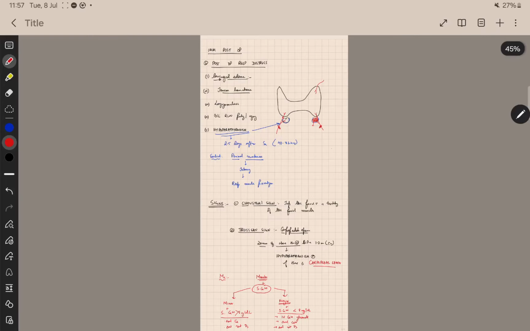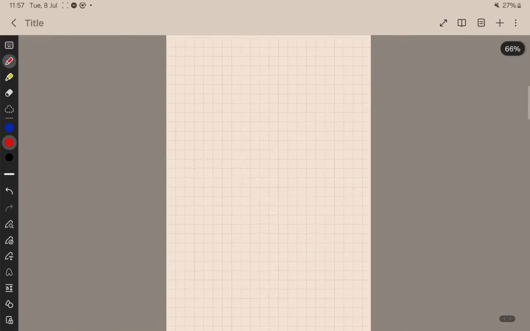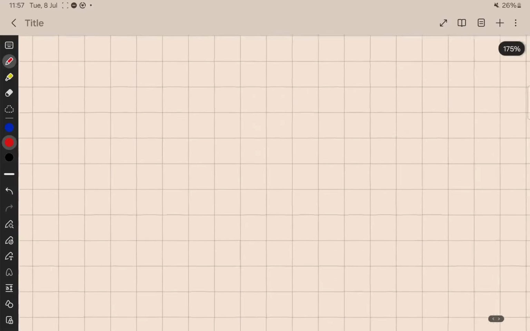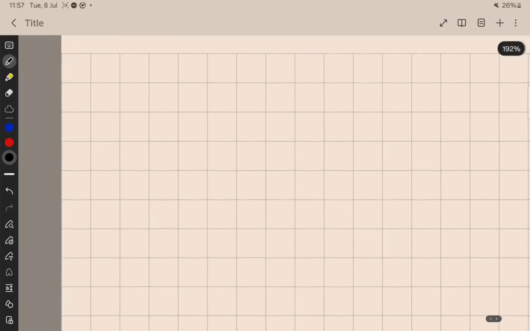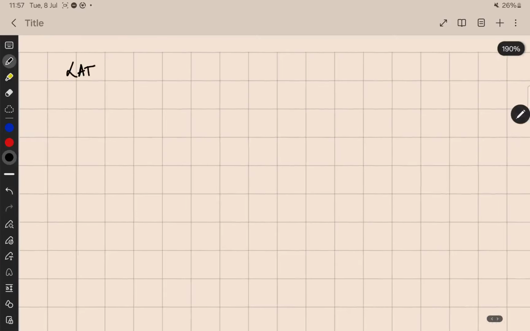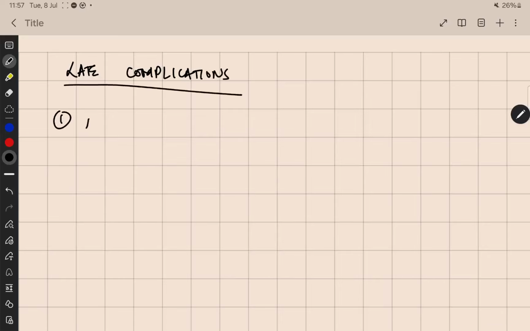So these are the post-op complications. Now we'll go for late complications. The late complications are permanent hypoparathyroidism.